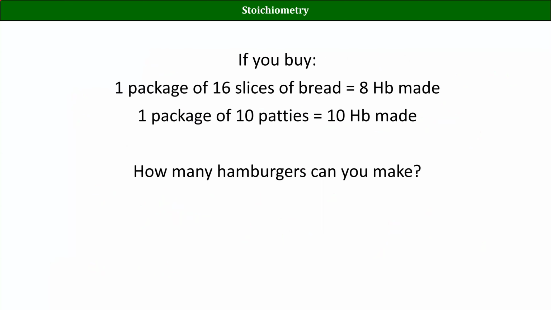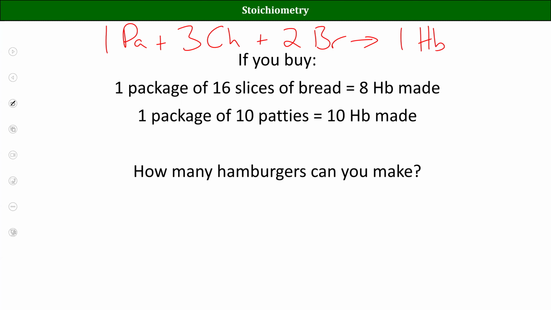All right, we already did the cheeseburger analogy. So I'm going to rewrite our cheeseburger equation. We said 1 patty plus 3 pieces of cheese plus 2 pieces of bread makes 1 hamburger.